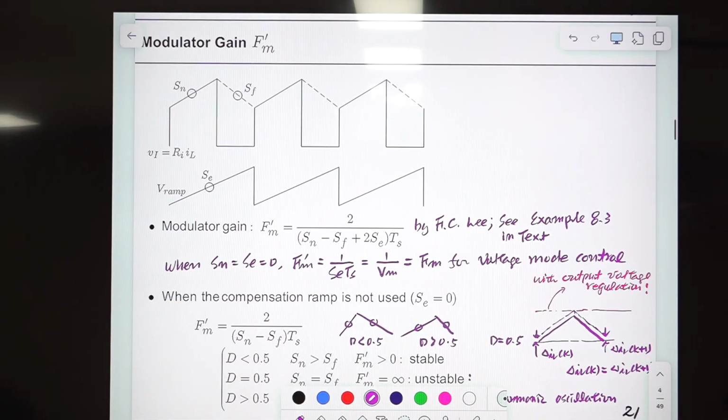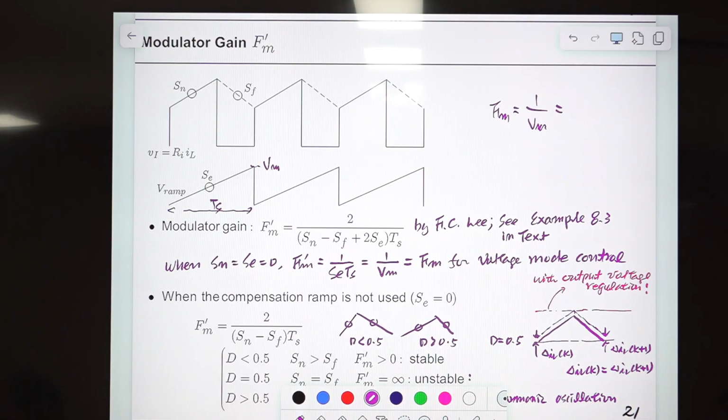And this slide is about the modulator gain FM prime. For the voltage mode control, FM was very easy. FM was this one, 1 over VM. VM is peak value of ramp signal. So this is VM, and this is TS. This is switching period TS.